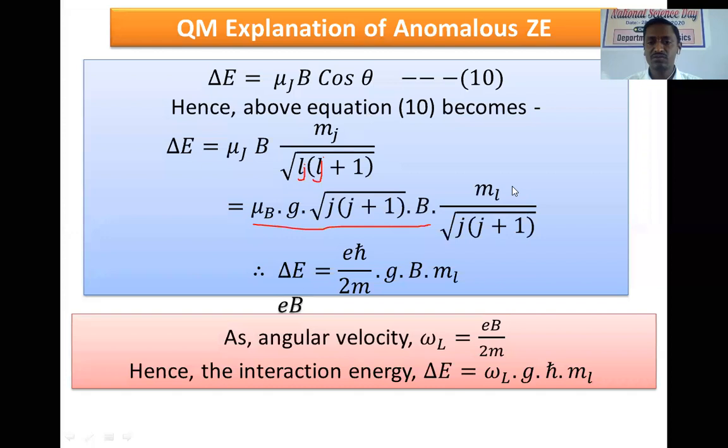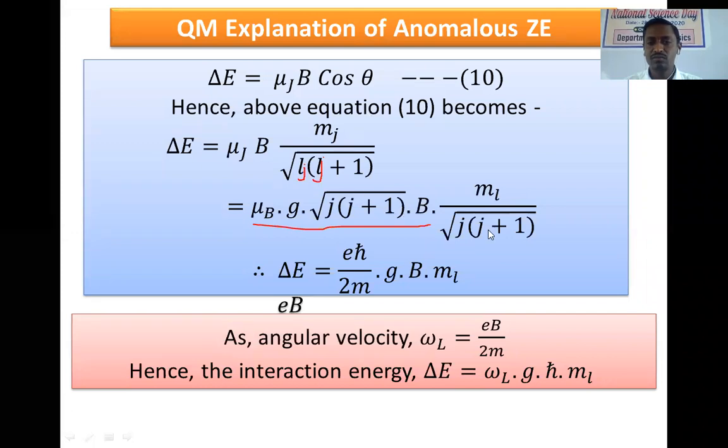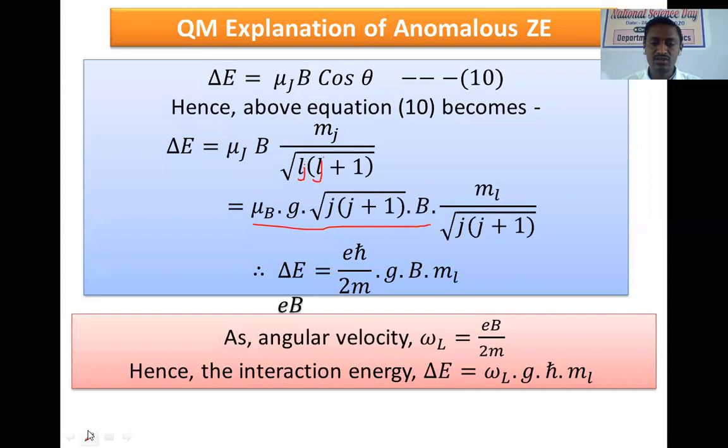In place of cos theta, we have substituted mj upon the square root of j into j plus 1. This square root from numerator and denominator cancels. The equation will be delta E equal to e h cross upon twice m into g into B into mj.